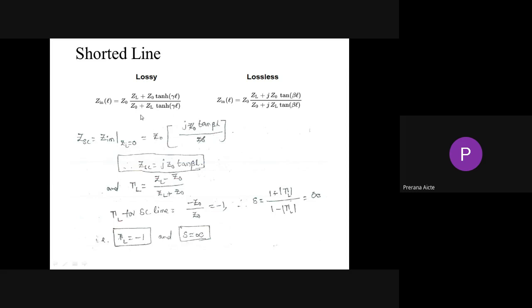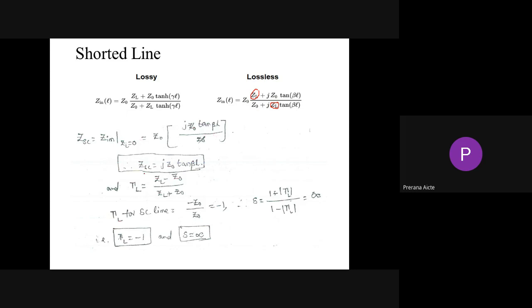So in this equation, Z in with Z of L equal to 0 becomes j Z naught tan beta L, whole divided by Z naught, so Z naught cancels.